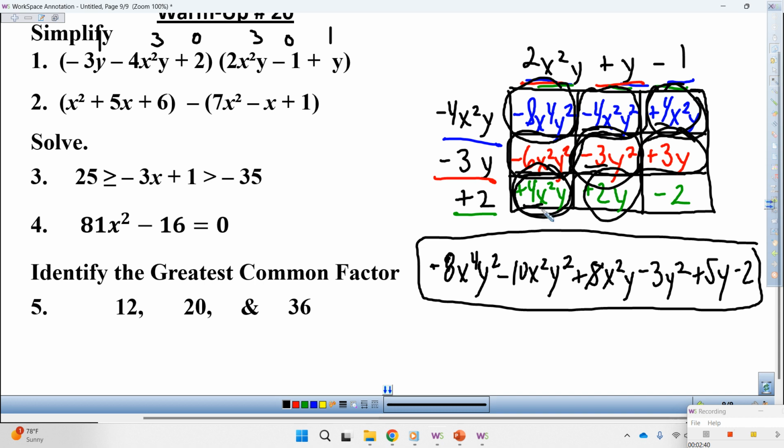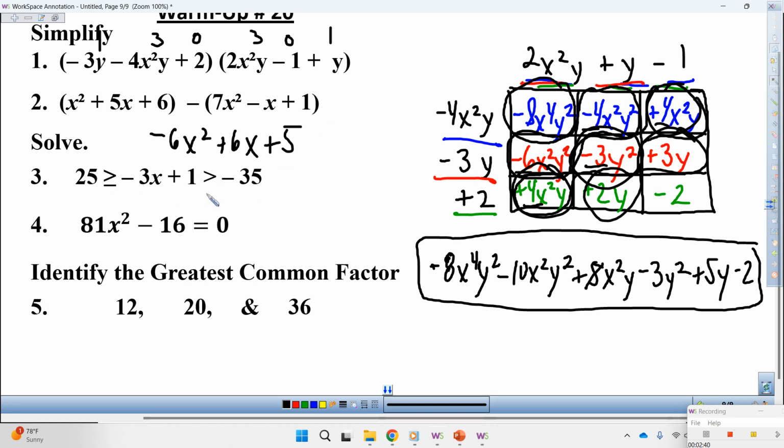Four x to the second and 4x to the second y. That's 8x to the second y. Number 2. Abby, what'd you get? Hands up if you got that for number 2. That is correct.